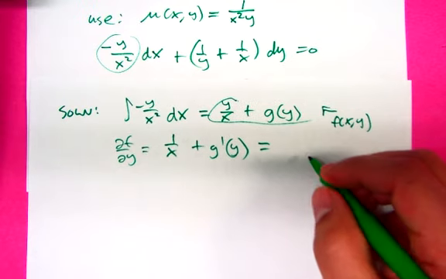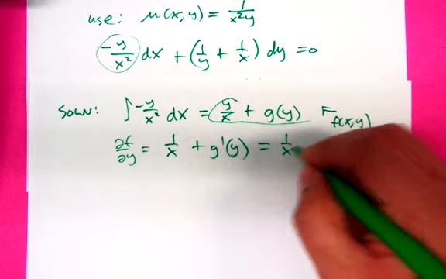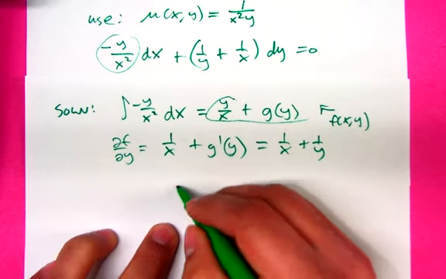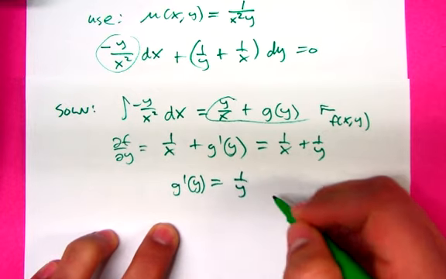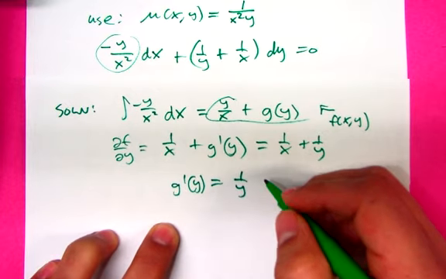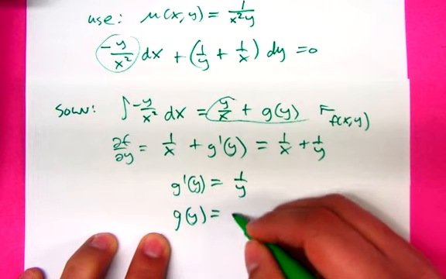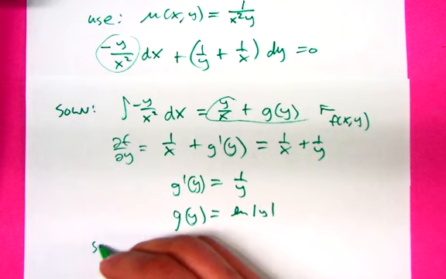Which tells me that should be 1 over x plus 1 over y. So that means that g prime of y is 1 over y. So then g of y will be natural log y. And we're done.